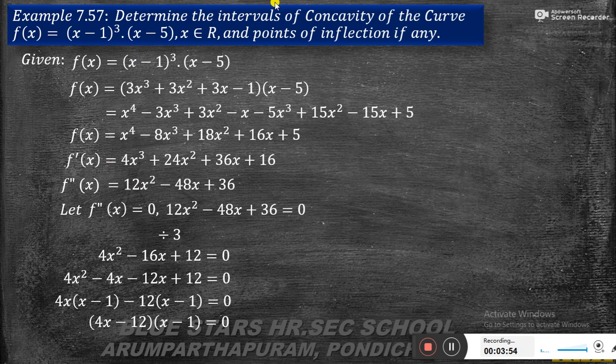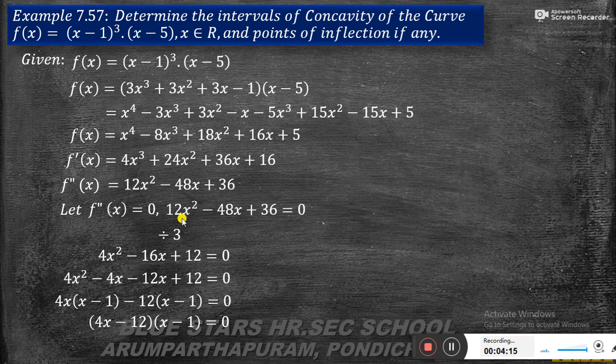Now they ask about the intervals of concavity. So for intervals of concavity, I take the condition f double dash of x equal to 0. So 12x square minus 48x plus 36 equal to 0.